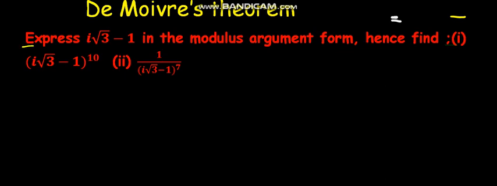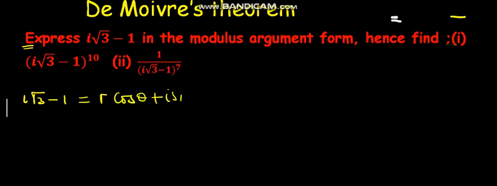Question: express i√3 − 1 in modulus argument form, hence find (i) (i√3 − 1)^10 and (ii) 1 out of (i√3 − 1)^7.